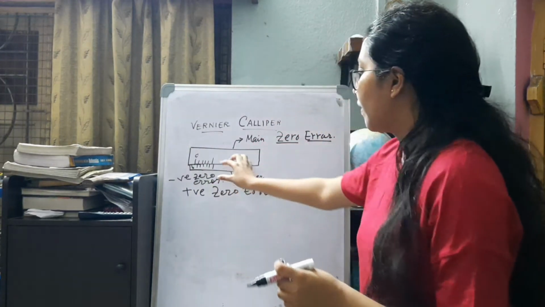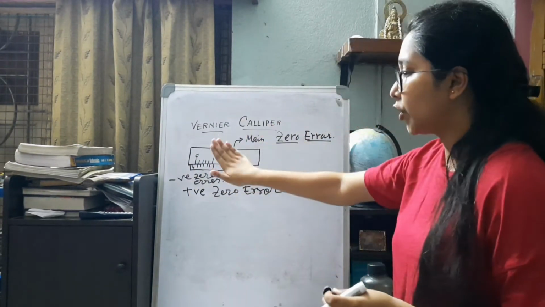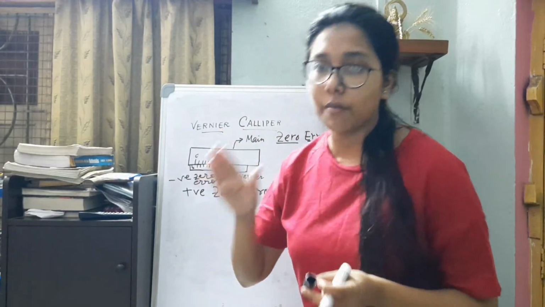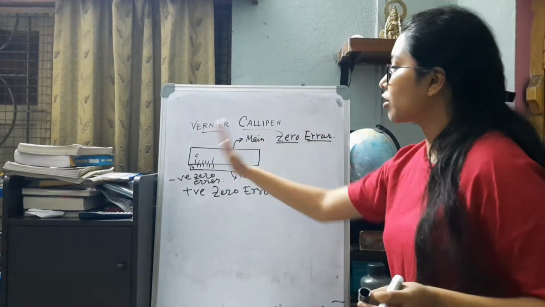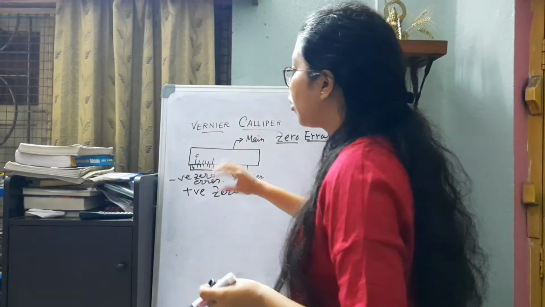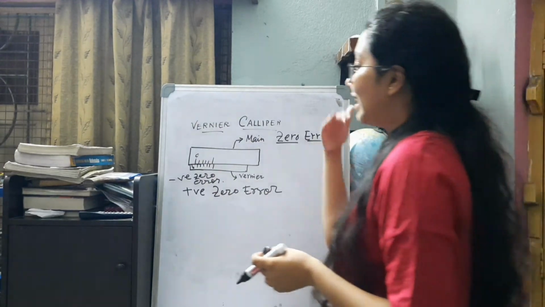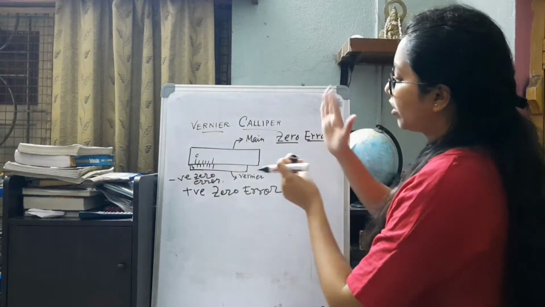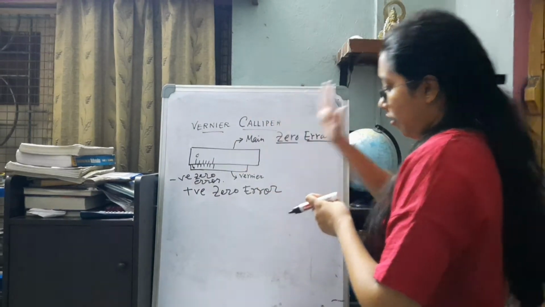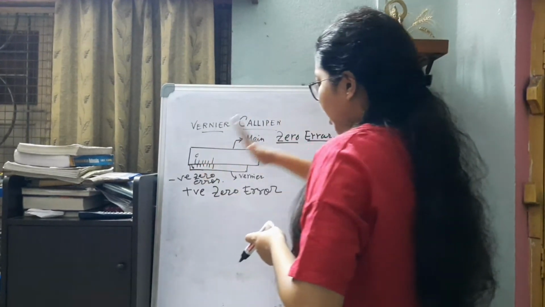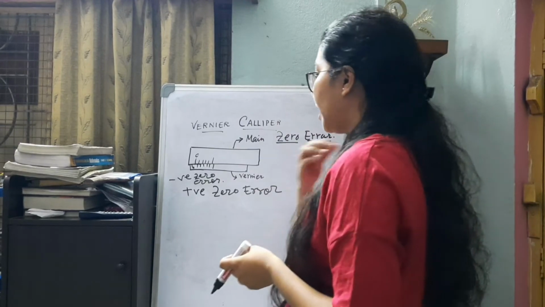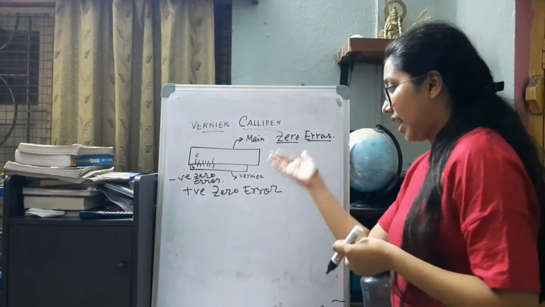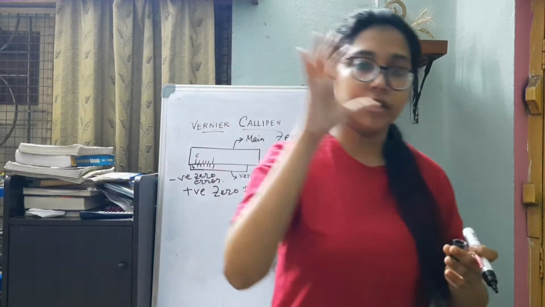That means we can see that the zero mark of the vernier scale is present just before the zero mark of the main scale. So this is a negative zero error. The negative means it is going behind and positive means it is going up. It is actually in front of it. So you can easily remember it, negative zero error or positive zero error in terms of the vernier scale.